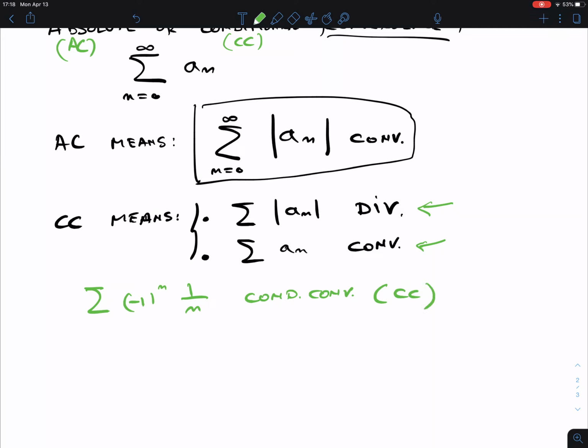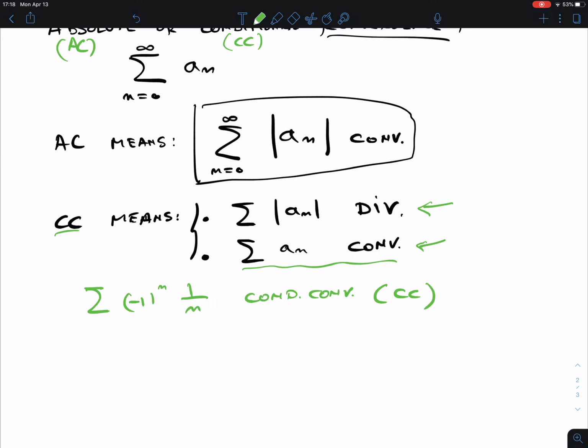Because if you take absolute values, it isn't convergent. If you look at the series as is, with the negative signs, then it is convergent. So CC does happen. Okay, then you say, perhaps AC is now weird. Another thing you might question is, here I explicitly said CC means that the series is convergent.